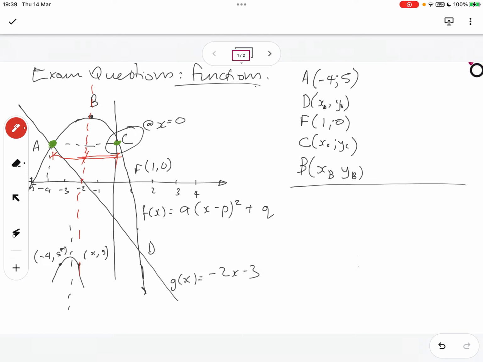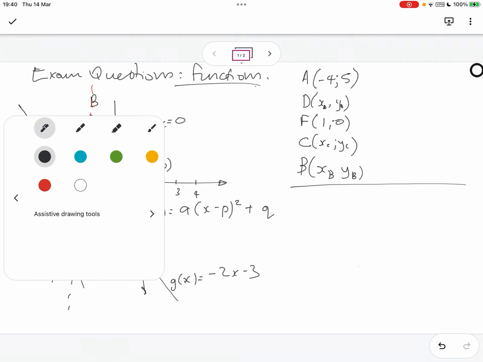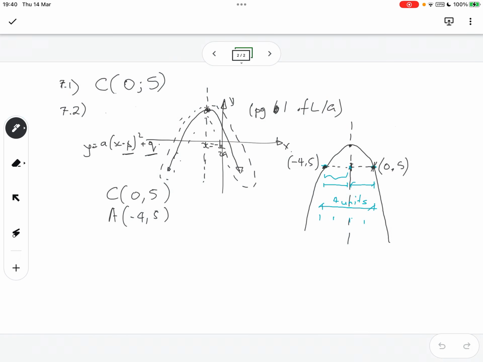That line, we don't know exactly where it is, but we know that points A and C are 4 units apart because there's 0 and there's -4. So if the 2 points are mirrored about the axis of symmetry, then the axis of symmetry must lie halfway between them.